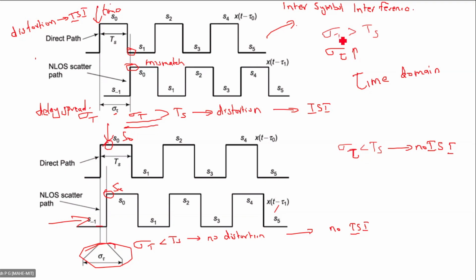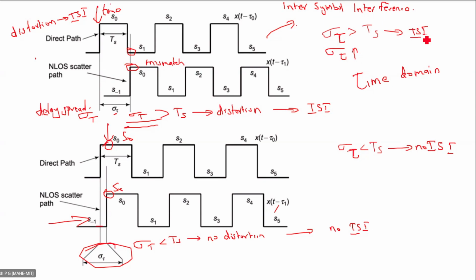But if sigma tau is greater than Ts, then there is inter-symbol interference. Is it clear? Yes, sir.